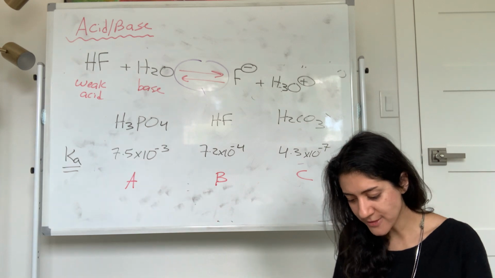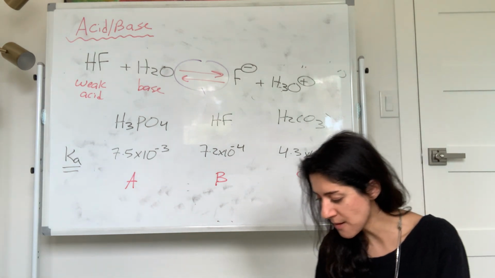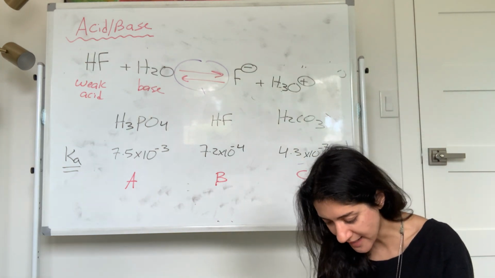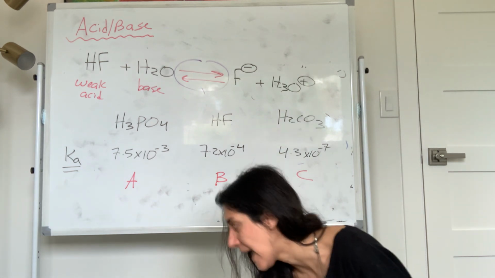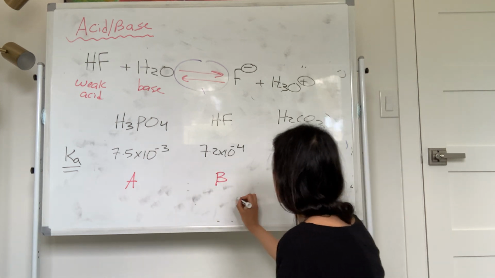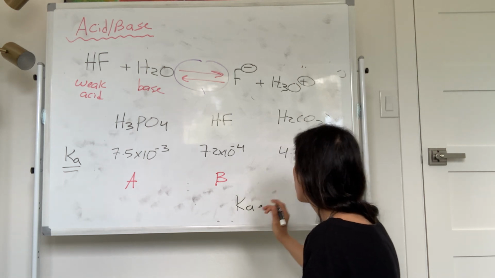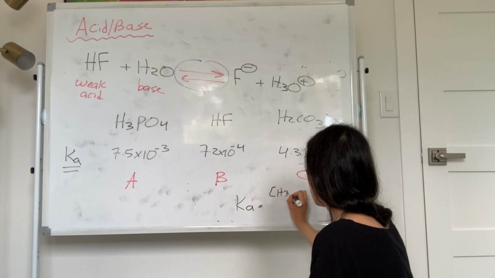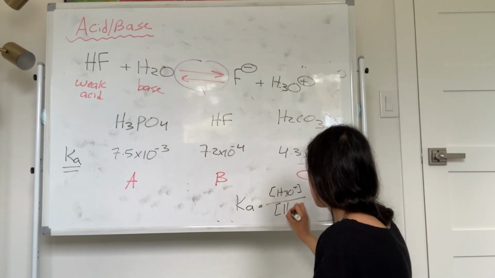Now, which one is the weakest acid? What does Ka mean? Remember what we talked about. Ka is product over reactant. Do you agree? The product has a hydronium concentration and the reactant has some sort of acid.